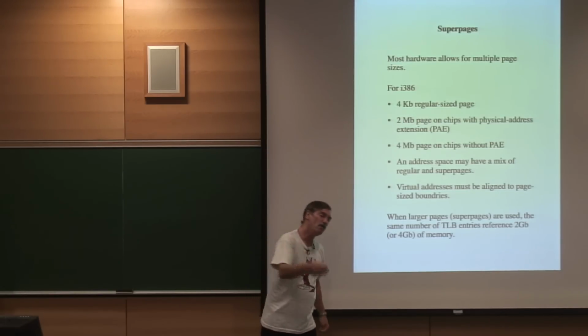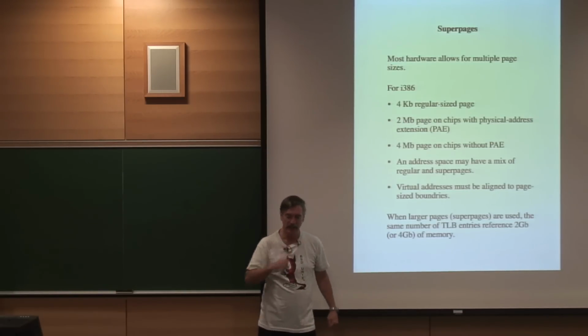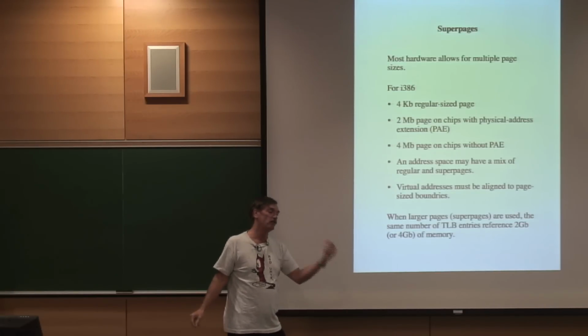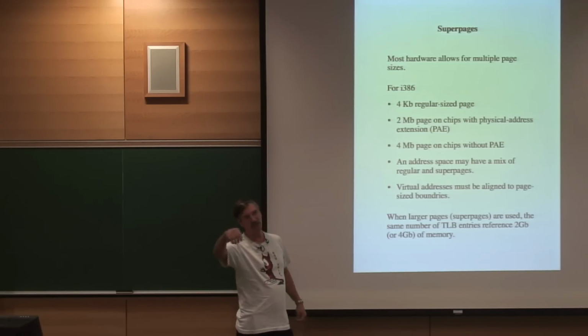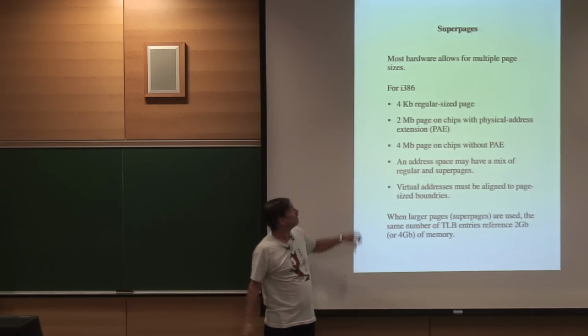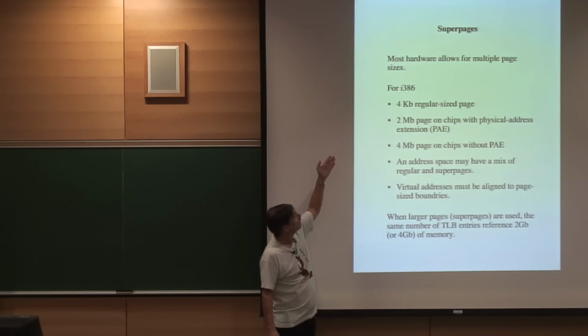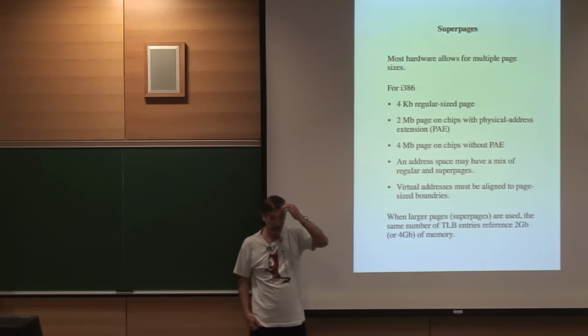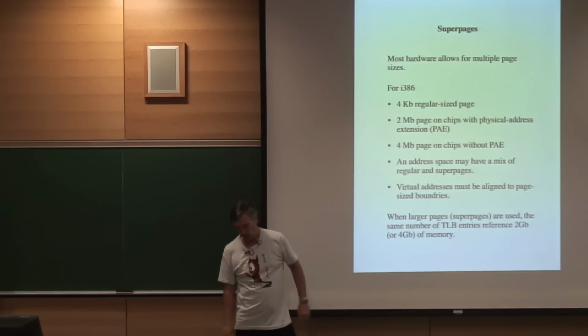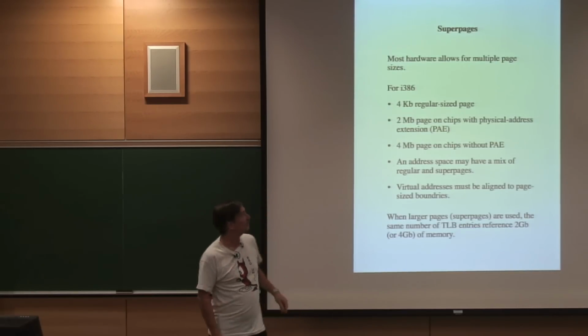Now, most of the hardware that's out there gives you a range of choices for the pages. So you can have your traditional 4K pages and maybe 64 and 256 and 1 megabyte and so on. But for the 386, Intel's wisdom, they decided that one superpage size would be sufficient.